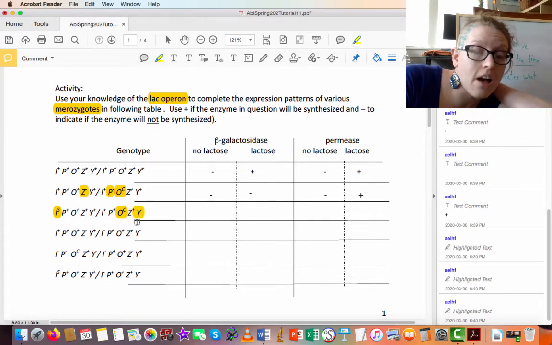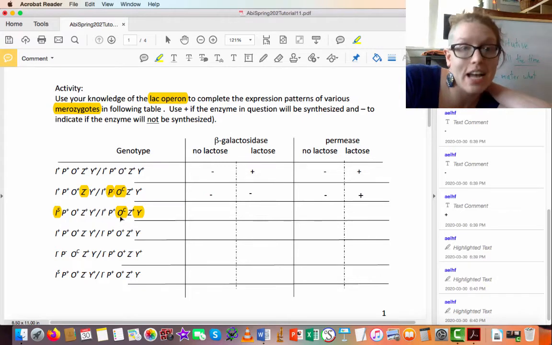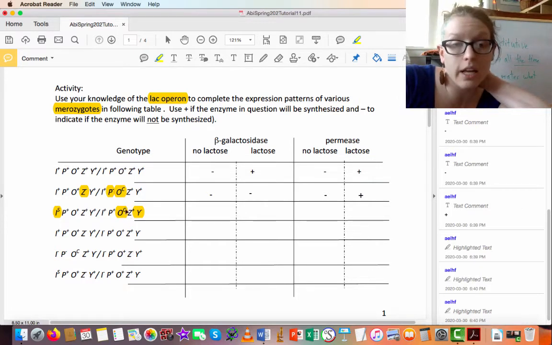We also have a Y that is connected to our cis-acting, constitutively active operator, but this Y is non-functioning. So our constitutively active operator is going to be promoting this galactosidase, and it can't be suppressed no matter how excited this repressor is. So no matter what, we're going to get Z from here.